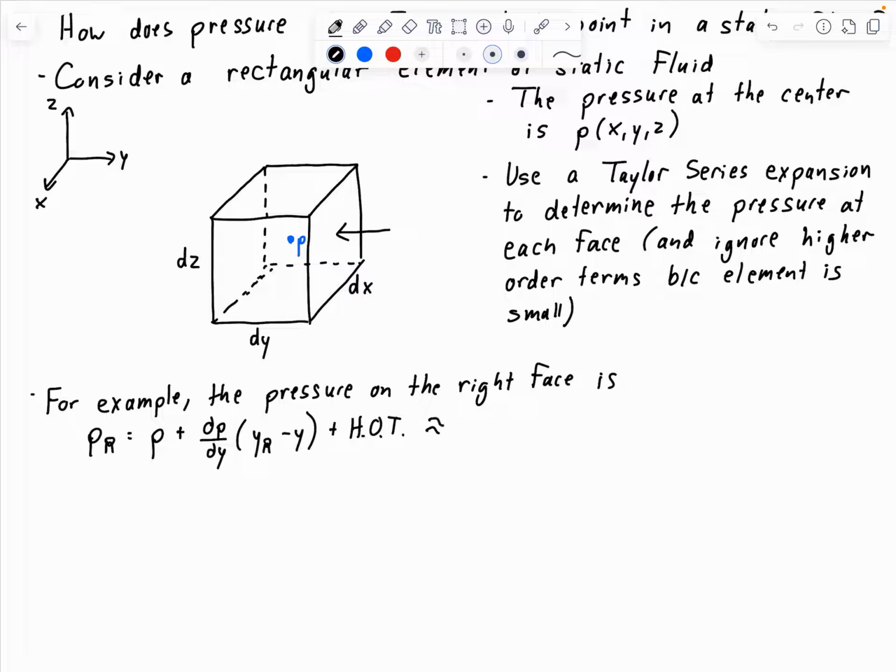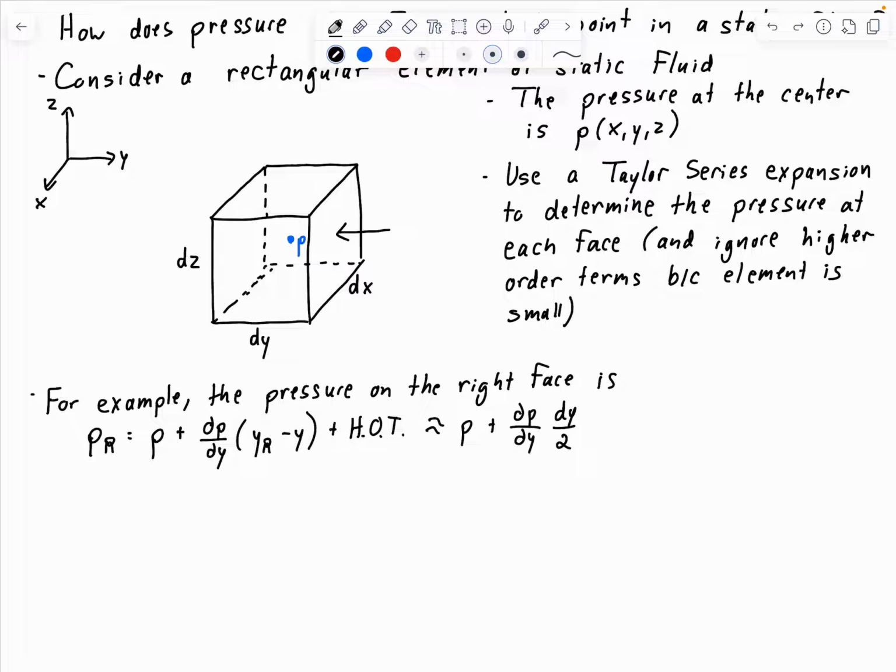This is essentially equal to P, the pressure in the center, plus del P by del y multiplied by dy over 2. dy is simply this distance right here, and so we're saying that the right-hand face is half of that distance from the center. That gives us an example to go by.